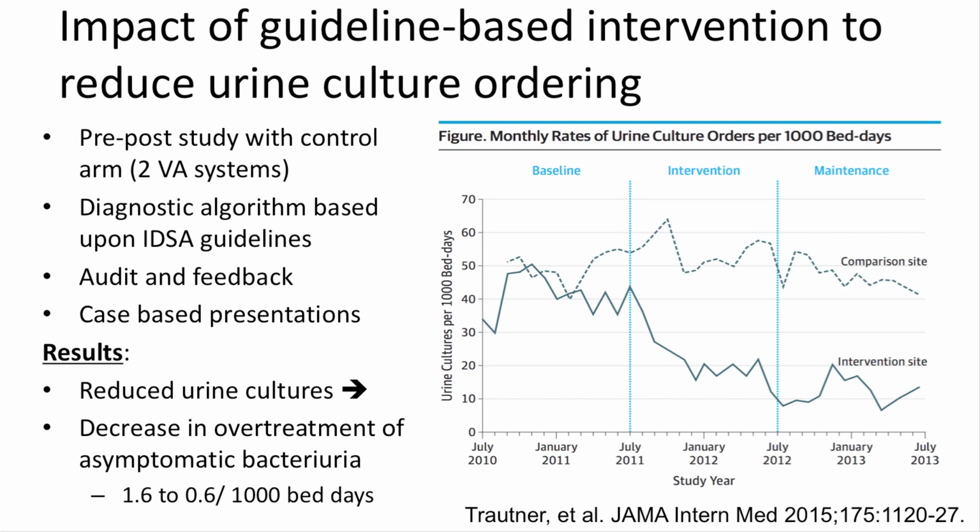And equally importantly, or more importantly, there was a decrease in what would be the overtreatment of asymptomatic bacteriuria in the intervention group. So just one example of a successful intervention to try to limit testing in that population that has low pretest likelihood of disease.